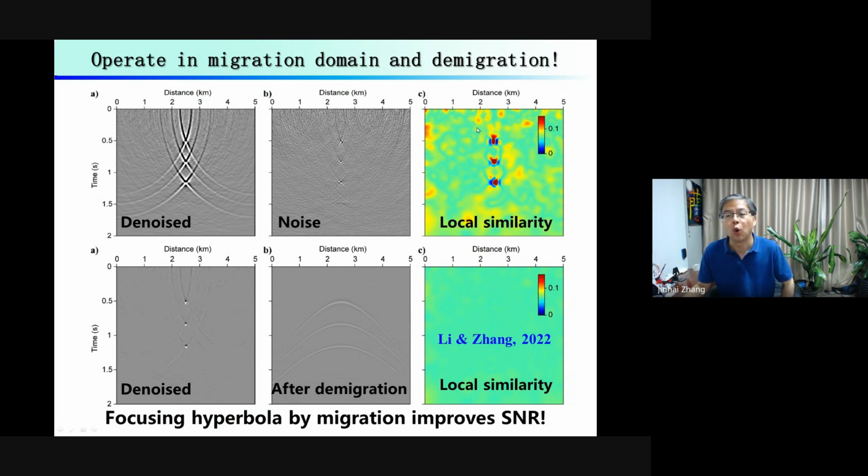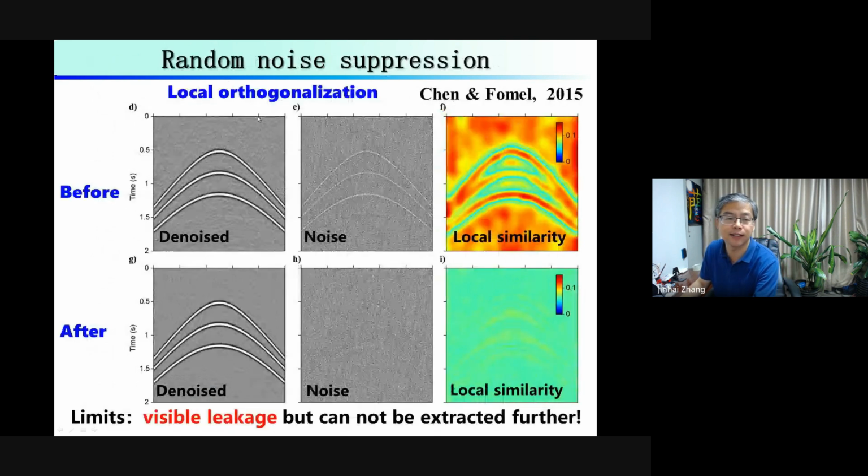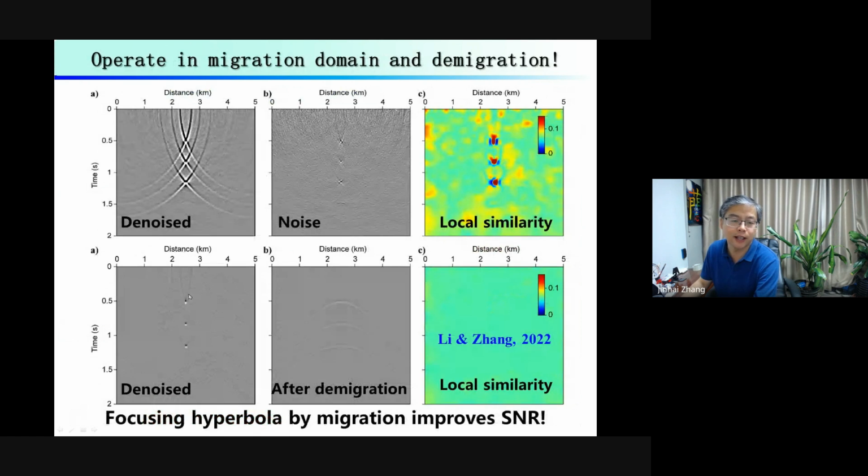That means we can extract more signal in the migration domain. After migration, we can see the similarity is dominant. So this part of the signal can be extracted by the same local similarity method, like this local signal-noise orthogonalization method. After that, we can say we have extracted a very tiny signal.